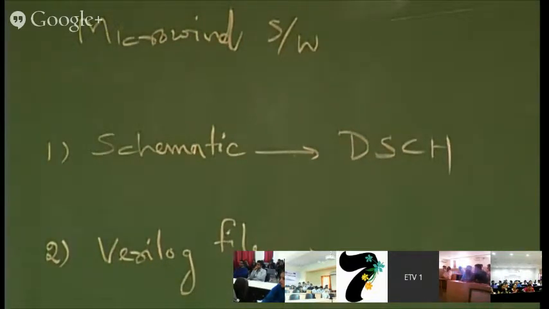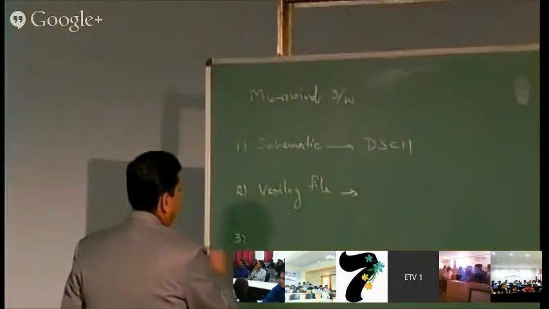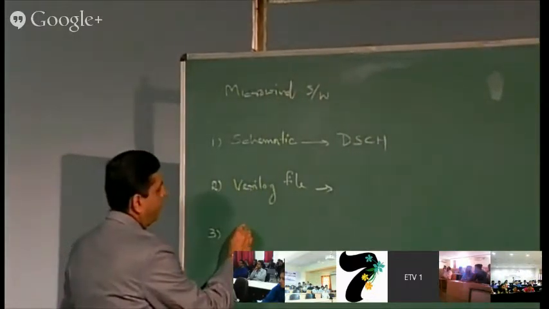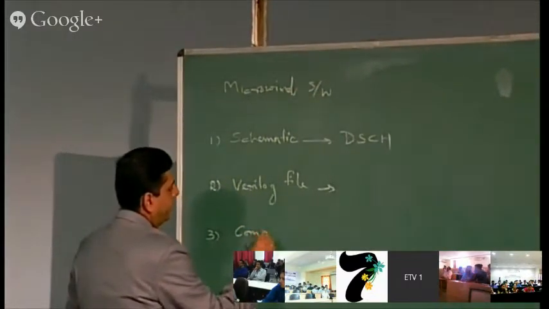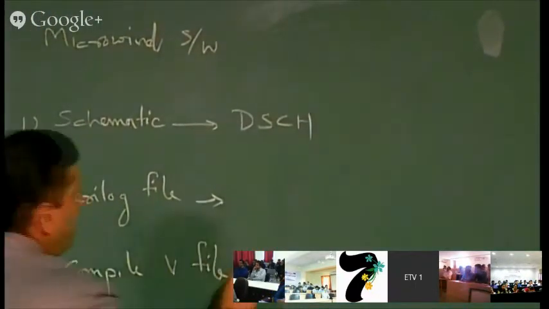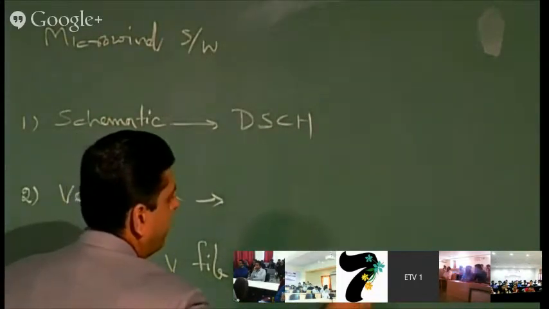Once this Verilog file is generated, the next part is we move to Microwind software, and in Microwind software we compile this V file, Verilog file, using Microwind.